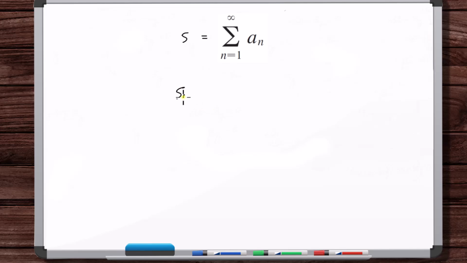But S of n, since you have the a sub n, you could get as a summation. You might not be able to find S, the actual infinite sum, but you can put this into a computer code and plug in n equal to 5,000, 5 million, whatever, to get an approximation for the infinite sum.